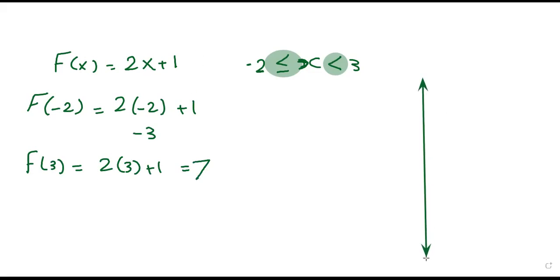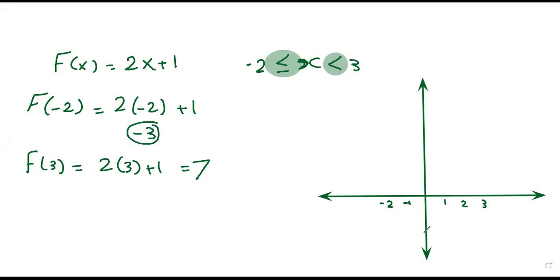When we graph this relation, we have a straight line from -3. When x equals -2, we have values of x from -2 till we reach 3, 1, 2, and 3. We have taken the two endpoints -2 and 3, and f of -2, again, is -3.